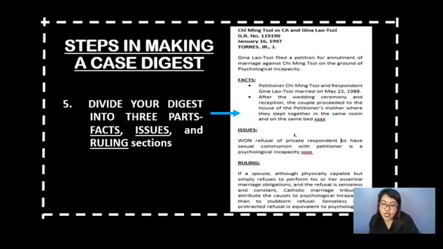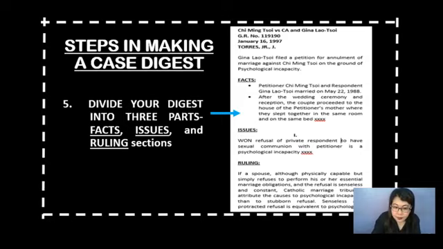So, ang nilagay ko dyan, petitioner Chiming Choi and respondent Gina Lau Choi married on May 22, 1988. After the wedding ceremony and the reception, the couple proceeded to the house of the petitioner's mother, where they slept together in the same room and on the same bed. However, no sexual intercourse occurred between them on their first night as a married couple.